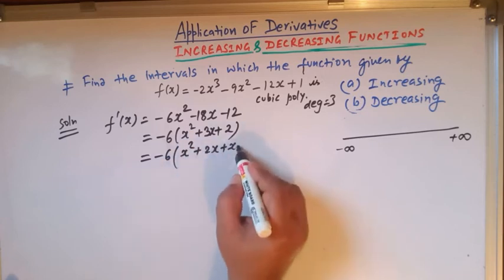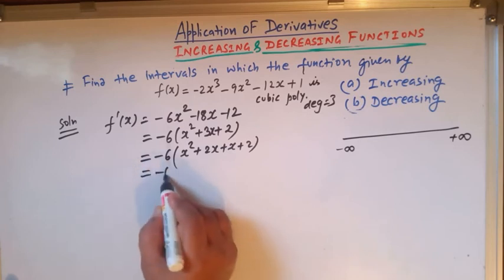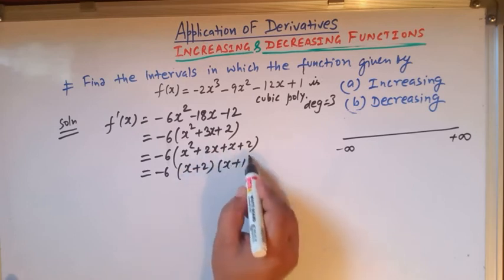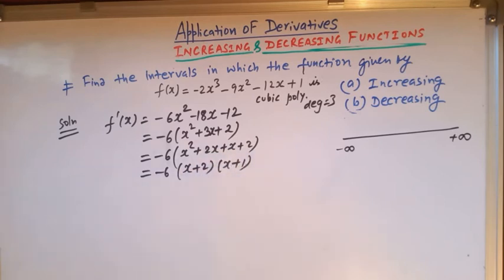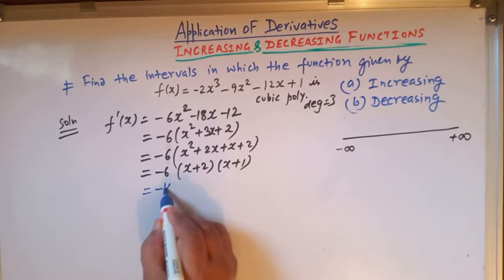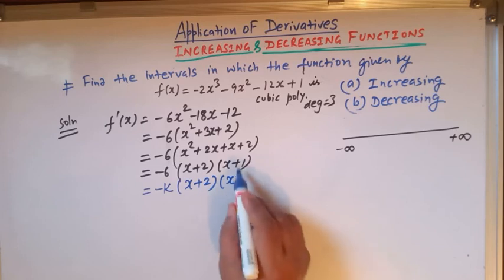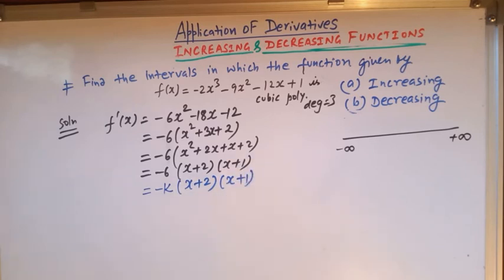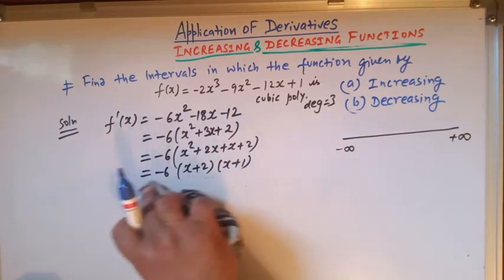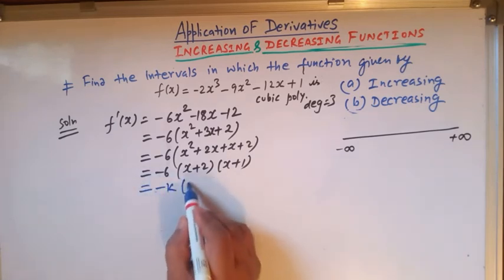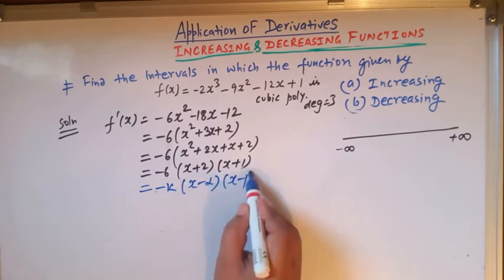And if we factorize this term by splitting the middle term, then we have x plus 2 and x plus 1. So viewers, I have just told you that this is of the form minus k x plus 2 x plus 1. Clear? So we can write it like this, and this is of the form minus k x minus alpha x minus beta.